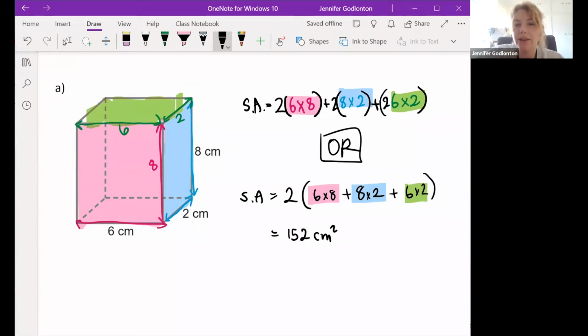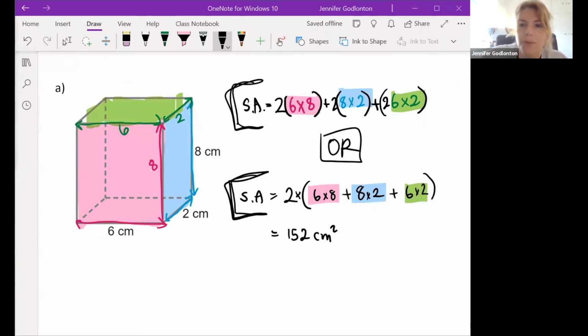No, so you're either going to do this top method over here, and then you have a 2 in front of each of the brackets, and so you would put into your calculator exactly what you're seeing on the screen. Or you would do this way over here, and then you would put straight into your calculator 2 times open brackets 6 times 8 plus 8 times 2 plus 6 times 2 close brackets. Okay, ma'am. Thank you, ma'am. Sure.